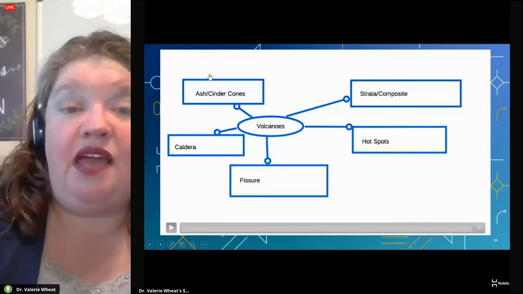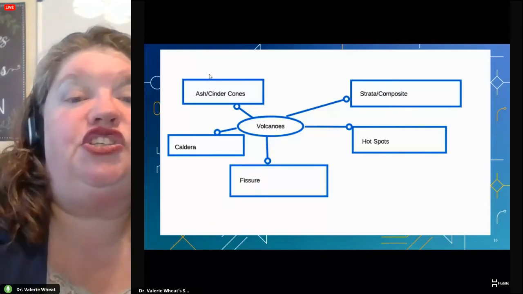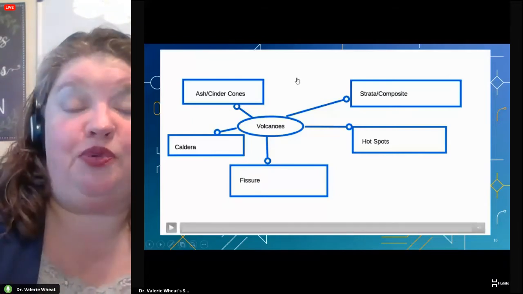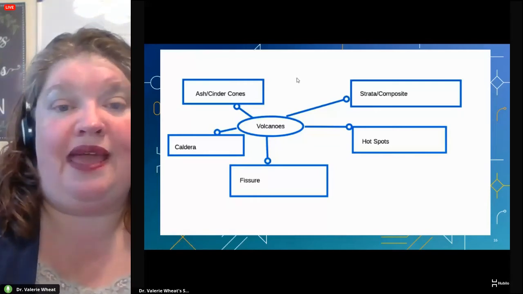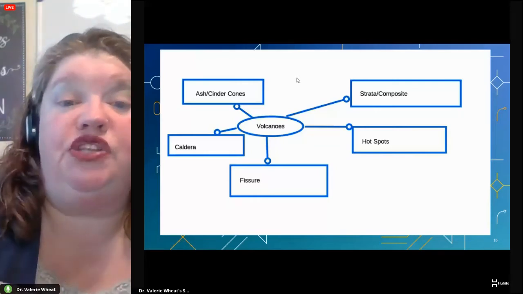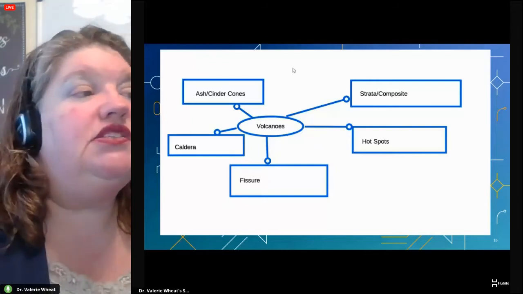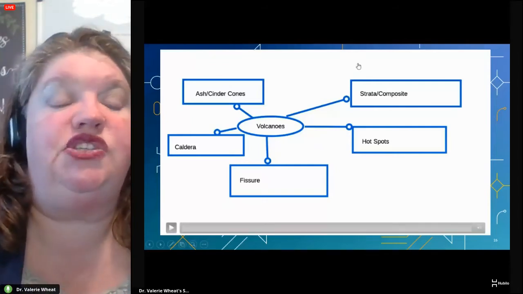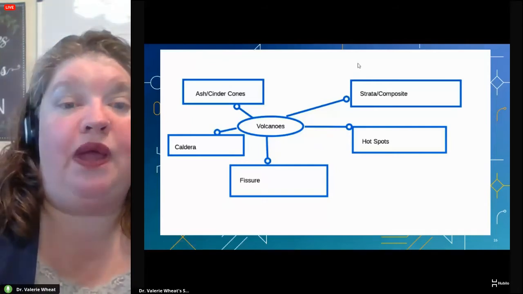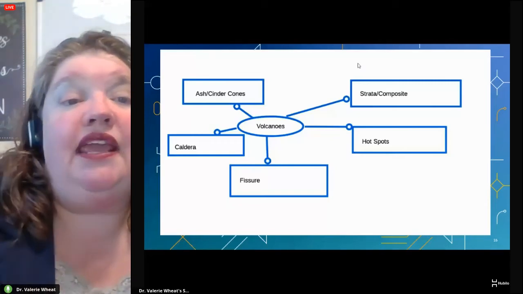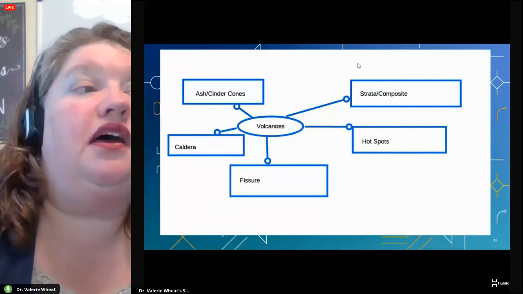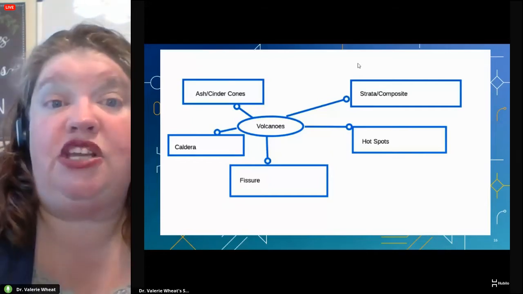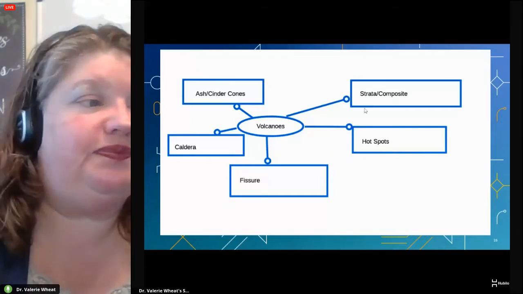Or once they get more comfortable using the annotation tools, you could even put them in a breakout room and have them build their own mind map that they can bring back and show to the rest of the class. So there's a lot of different ways that you can implement using the blank whiteboard to create a concept map or a mind map of the terms and concepts that you're teaching.